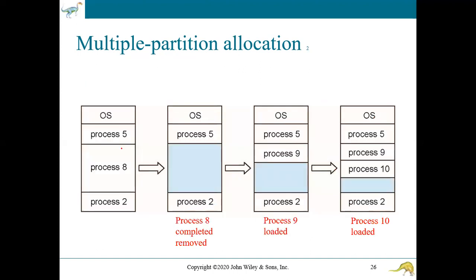And we were talking about here, look at this here. The process completed execution, so it became a hole. And another process came in and was allocated, which means that the hole becomes a smaller hole. So another process came in again, and the hole is able to accommodate it. So the hole became smaller.